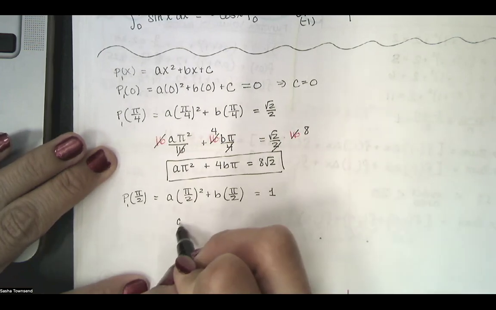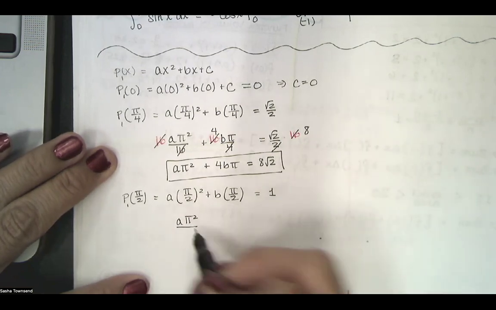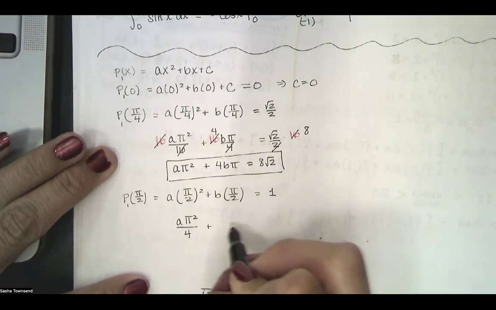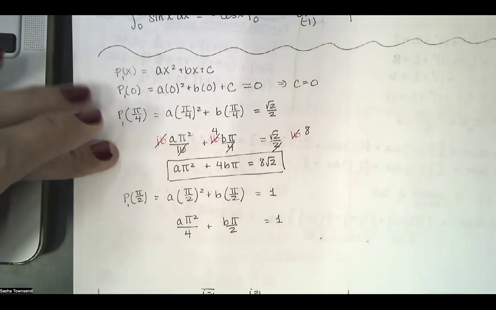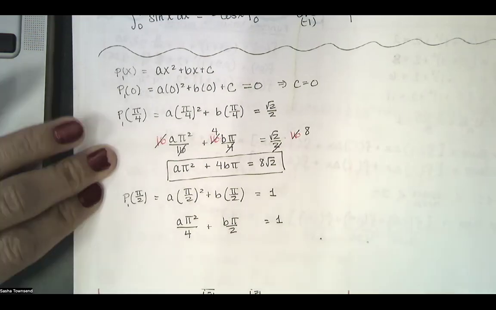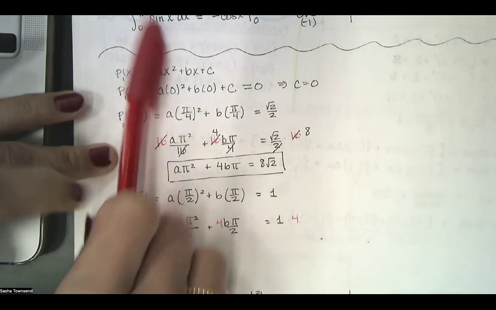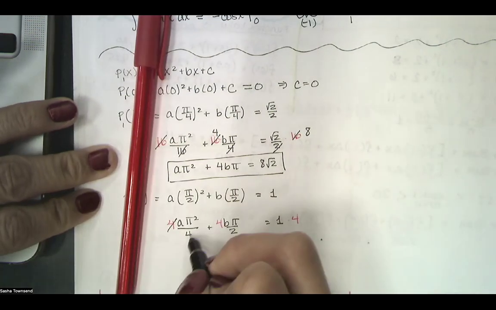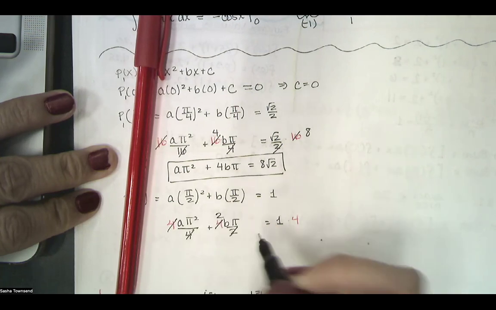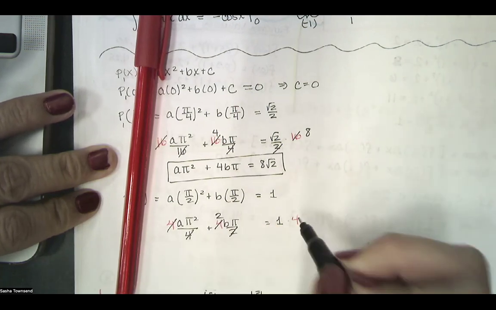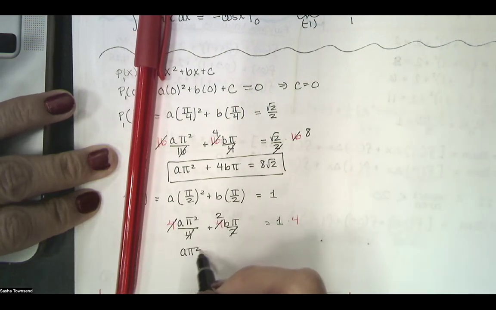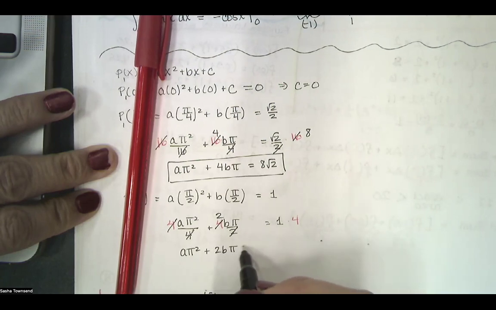And if we simplify, we get a times pi squared over 4 plus b times pi divided by 2 equals 1. And to clear the fractions, I might multiply everything by 4. Then the 4's reduce. 2 goes into 4 twice. We end up with a pi squared plus 2b times pi equals 4.